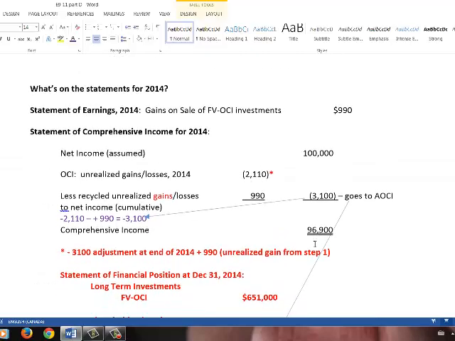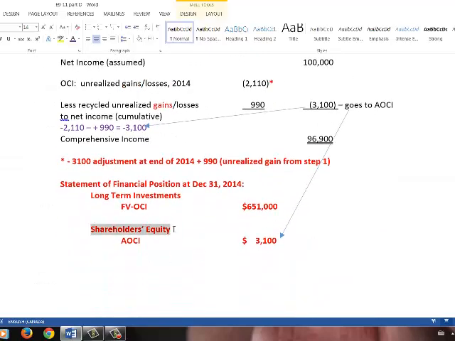And my AOCI, in the shareholders' equity section, started at 0. I didn't have a balance in there because 2014 was the first year that I even had OCI investments. So it would start at 0, and the only thing that went into it in 2014 is this negative 3,100. So the amount that I would have in there, I should have put a bracket around this, would be a negative, or debit, balance in AOCI of 3,100.